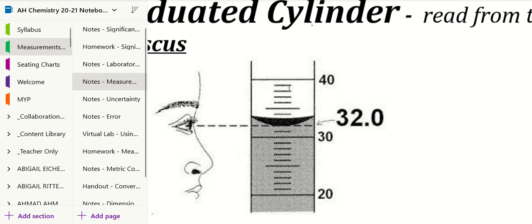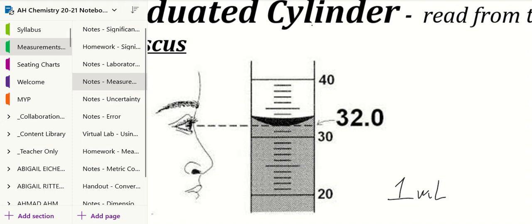Milliliter. The smallest increment is 1 milliliter, right? So if each increment is 1 milliliter, then I can read this analog tool down to the milliliter, right?